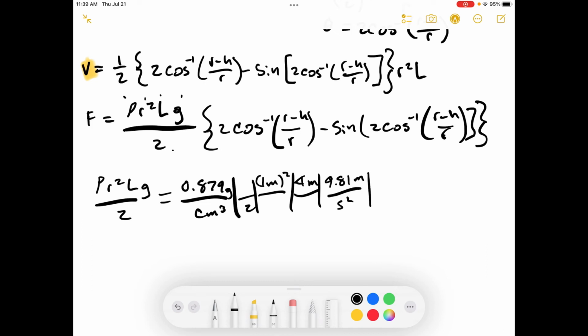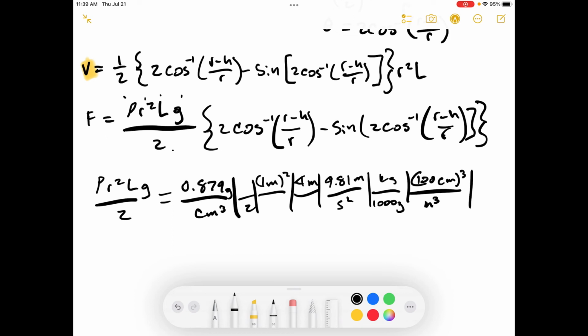And now we do our conversions, kilograms per 1,000 grams, and convert our centimeters into meters.